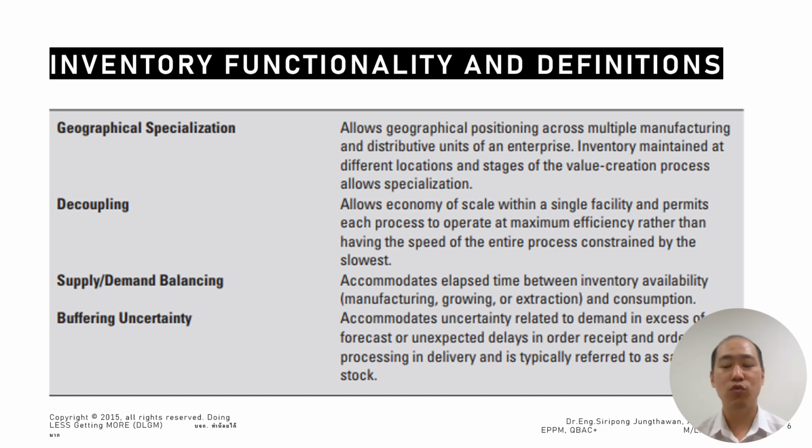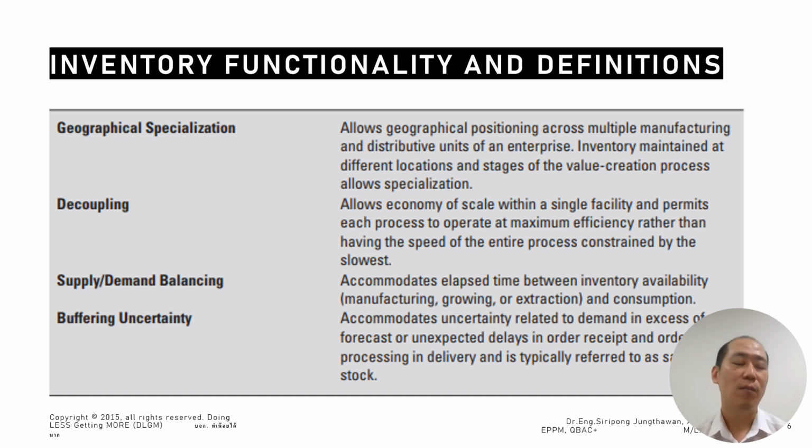And it helps you to balance supply and demand. If you have demand greater than supply, inventory looks like a shield that protects you from uncertainty, from the bullwhip effect. It helps you manage the supply, accommodating the elapsed time between inventory available in manufacturing, growing or extraction, and consumption.